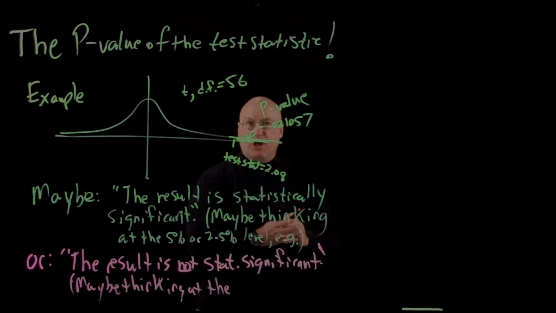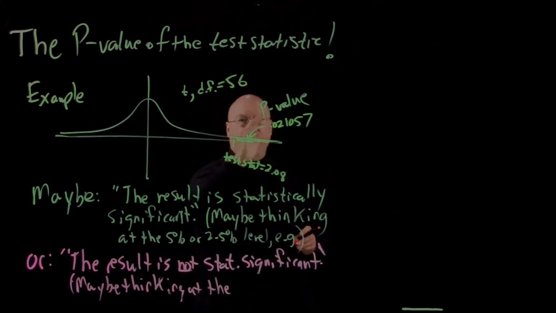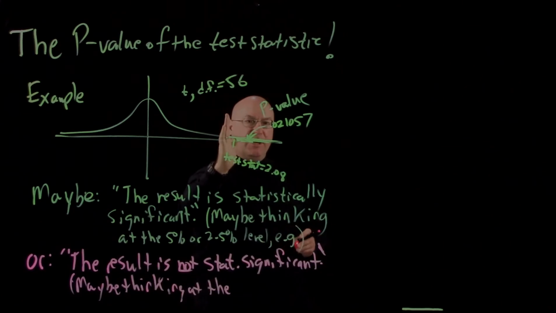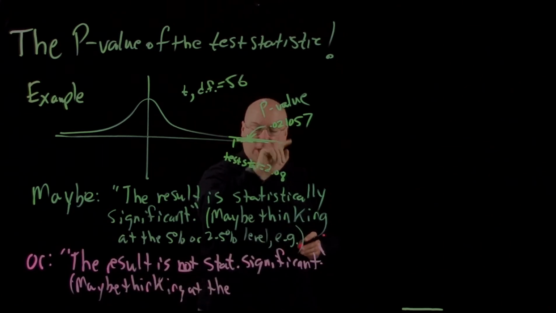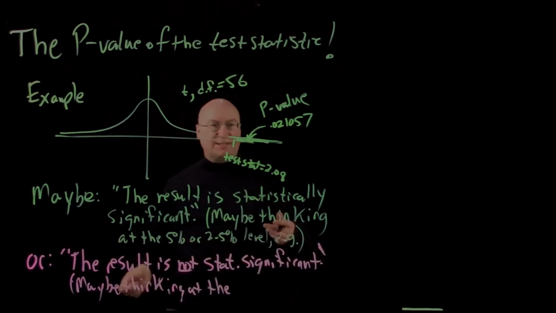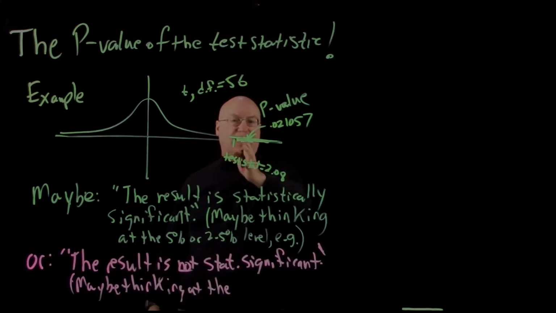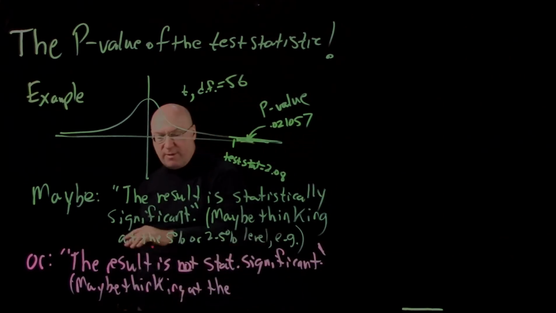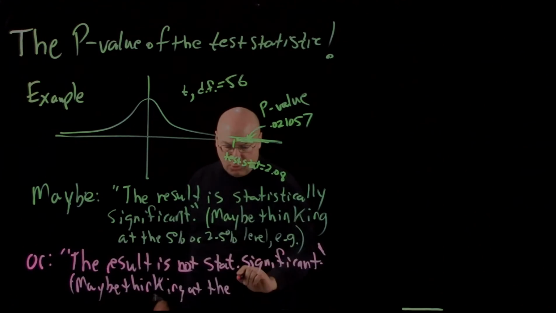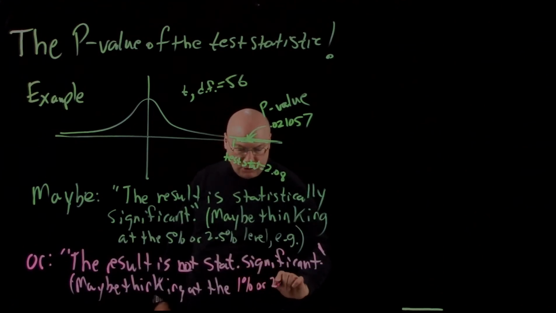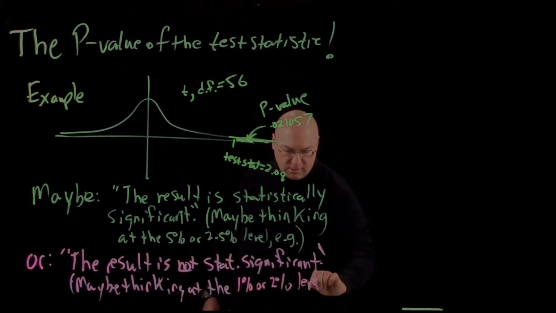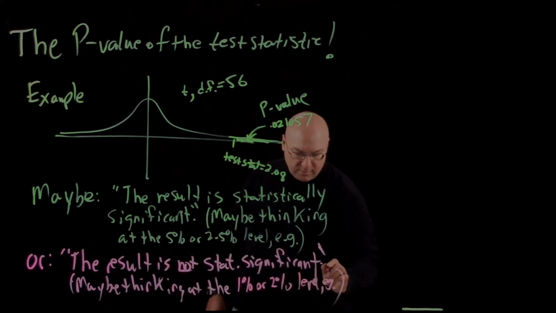Because 5%, 0.05, would have a bigger area, and so I'm thinking back here for my cutoff. 2.5% would still have a bigger area because that's a little over 2%, right? So if I'm now going to think that it's not statistically significant, the test statistic doesn't lie far enough out, then I need smaller tail areas for my cutoff value for unusualness, for my significance. So I may be thinking at the 1% or 2% significance level, right?